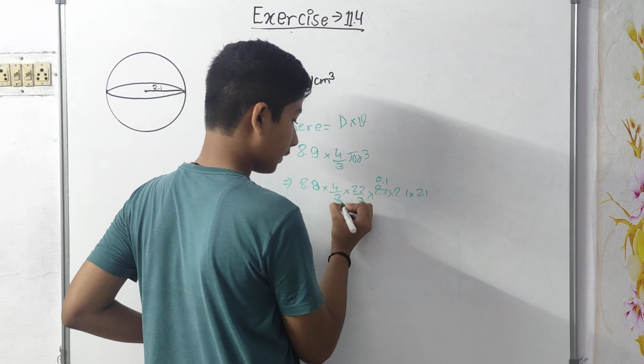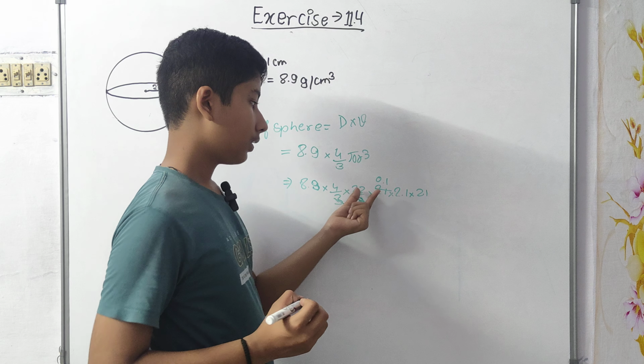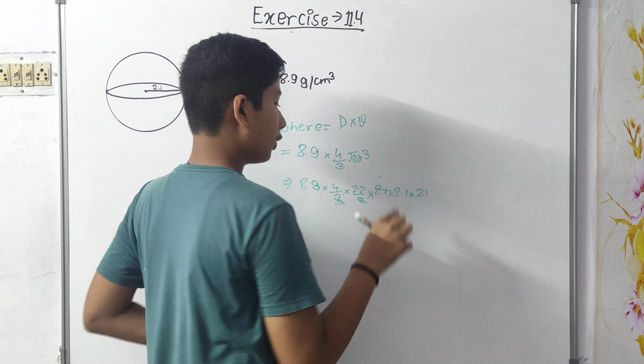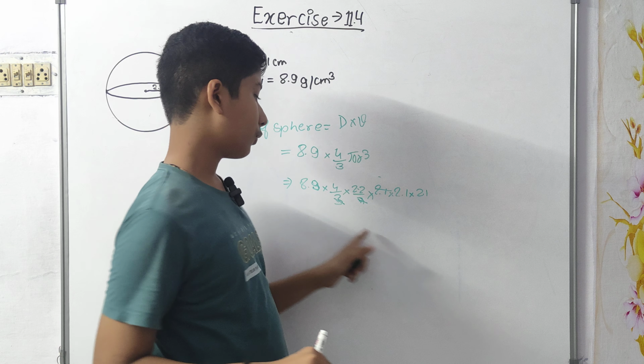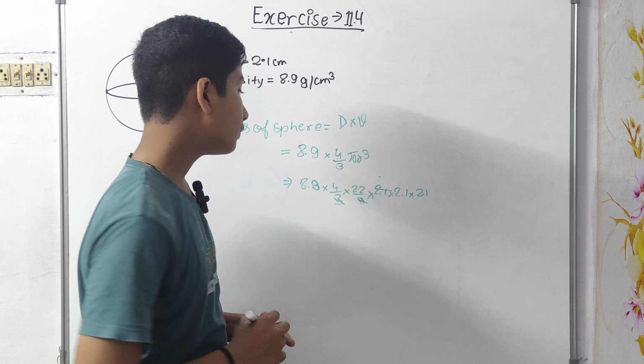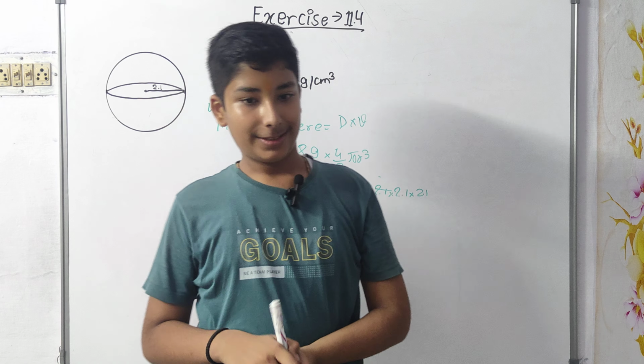Now, wait, these got cancelled. So nothing is left in the denominator. Now 22 into 0.1 is 2.2. 2.2 into 2.1 into 2.1 into 4, multiplied by 8.9.